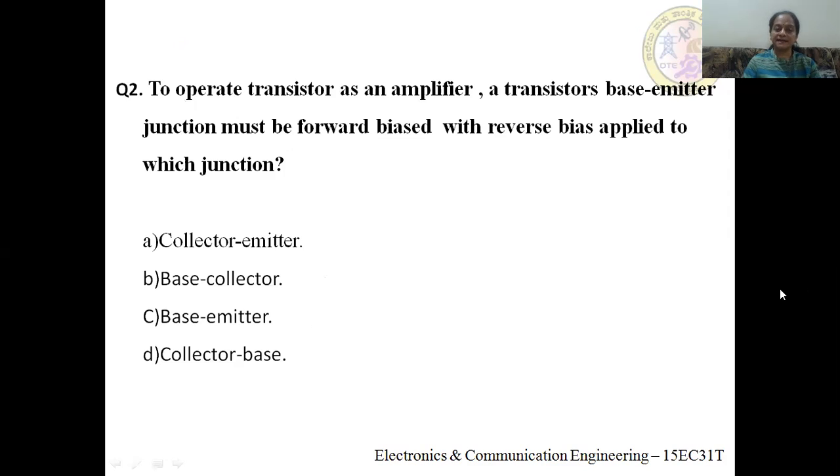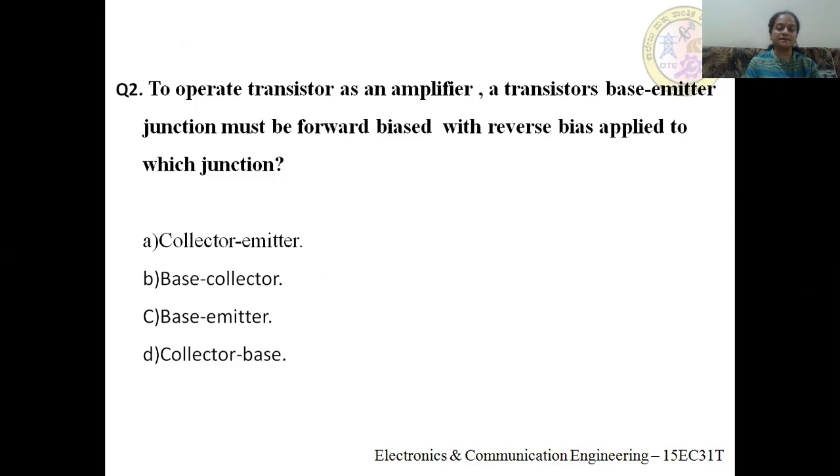So next comes the second question. To operate a transistor as an amplifier, the base emitter junction must be forward biased with what kind of collector junction? I have repeatedly explained that the base emitter should be forward biased. When we operate a transistor as an amplifier, it should be operated in active mode.